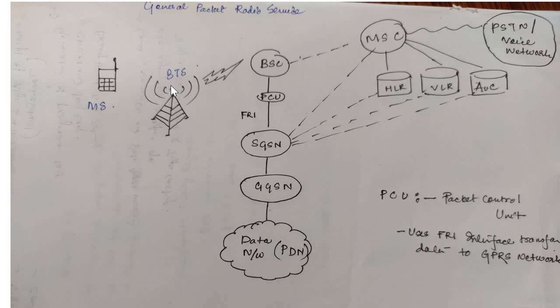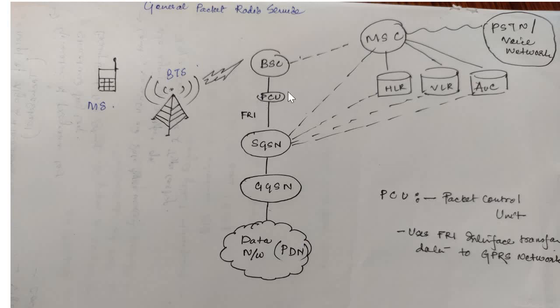After that, the BSC comes into play, which is the junction that decides whether it's a data request or a voice request. The base station controller, by analyzing the nature of the packet, has to route it to either the mobile switching center or the PCU, the packet control unit.